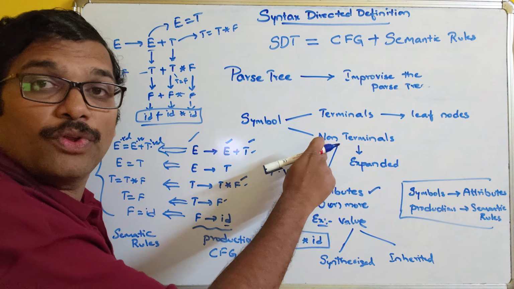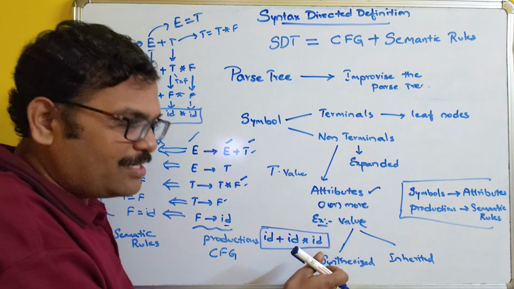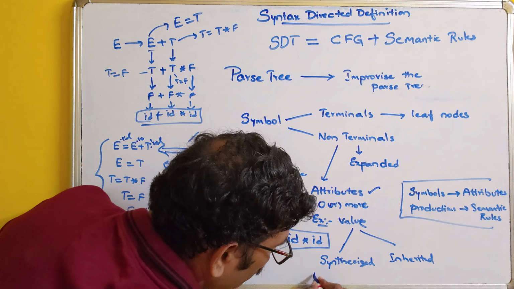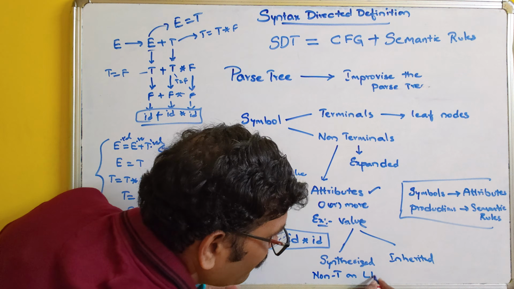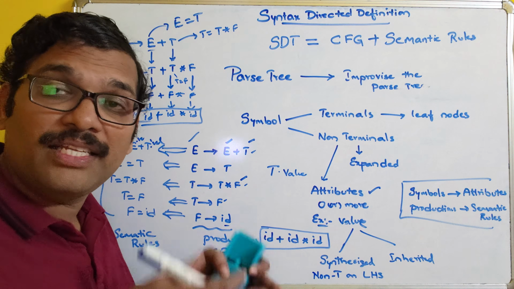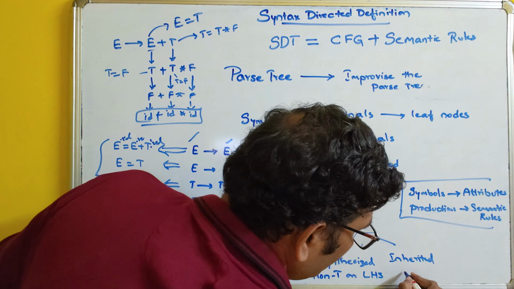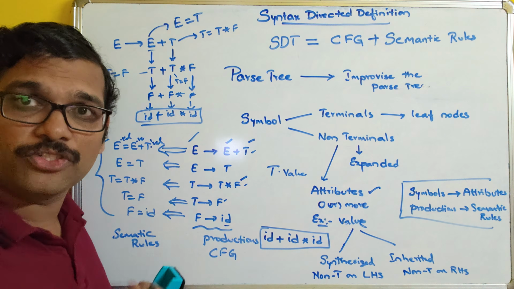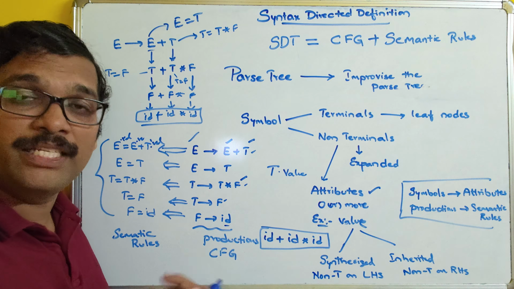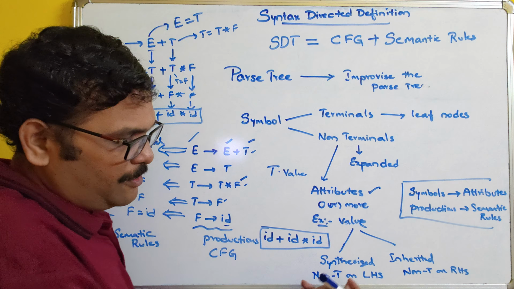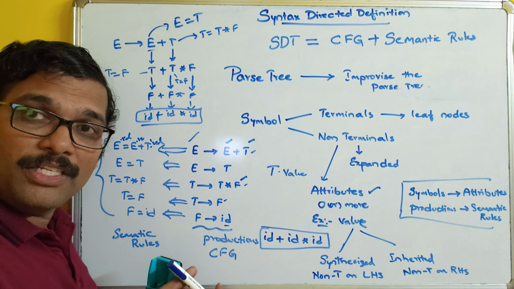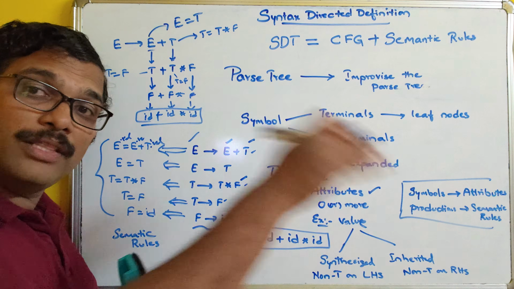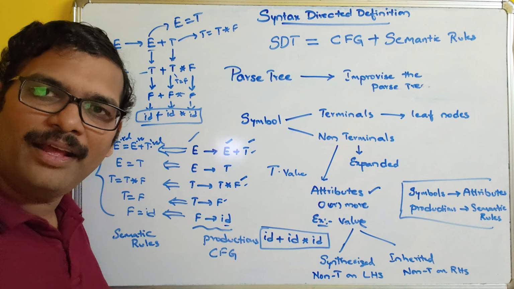Synthesized attributes are the non-terminals on the left hand side, and inherited attributes are the non-terminals on the right hand side of a production. Whatever non-terminals we have on the LHS come with synthesized attributes, and the non-terminals available on the right hand side of the production are called inherited attributes.